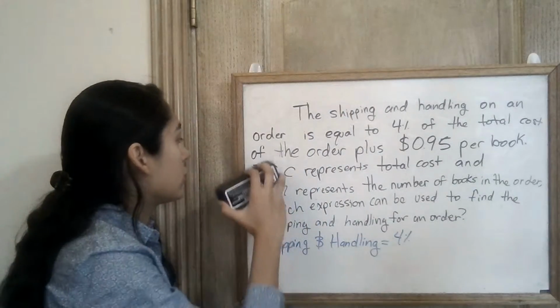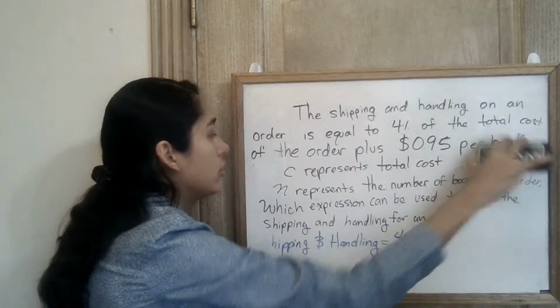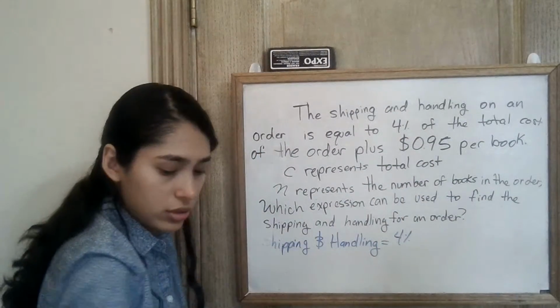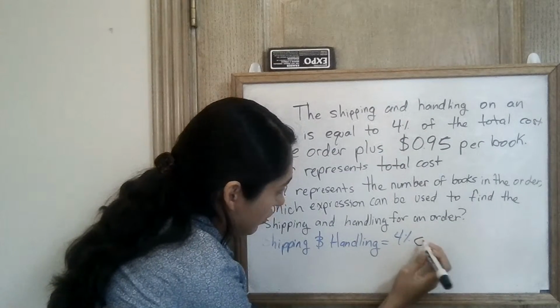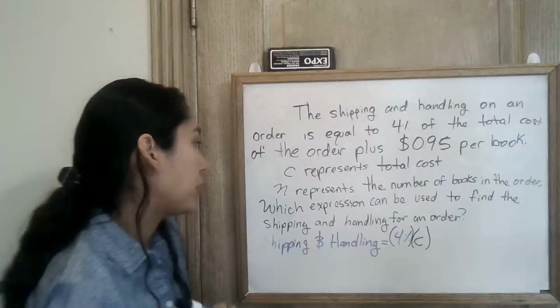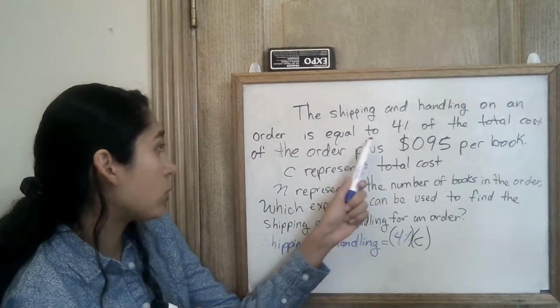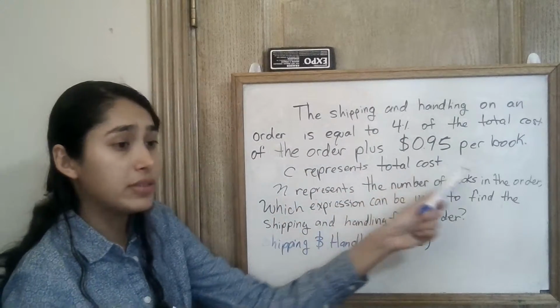So let's just do this. Total cost of the order. Okay. And then it says 4% of the total cost of the order plus 95 cents per book.